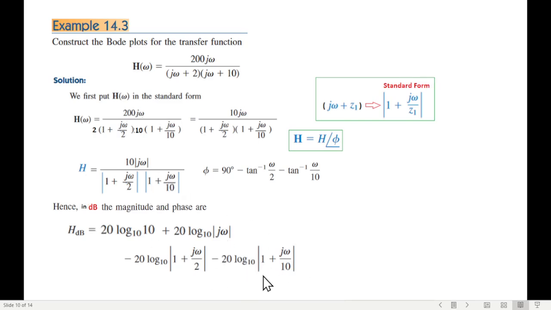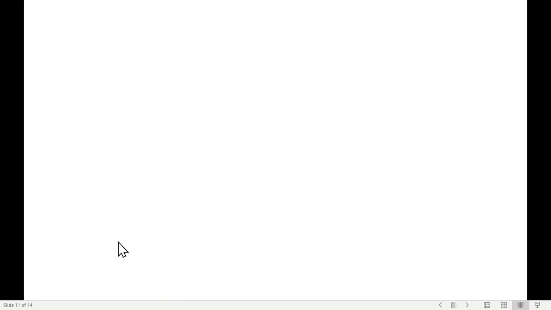So this is the magnitude value in dB, and the angle remains the same. We just write it here in terms of angle, same values. Okay, so this was the magnitude.